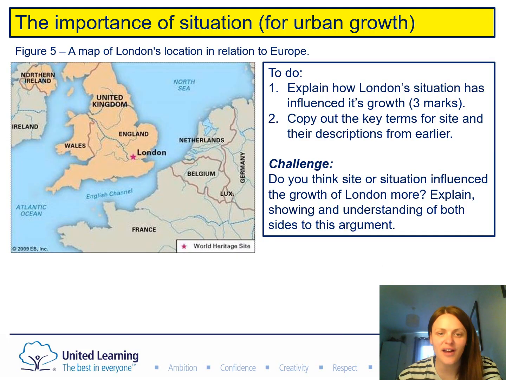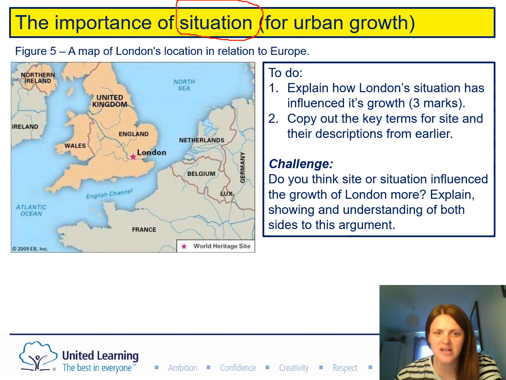All right, so the last activity I want you to do is this. I want you to think about how important the situation of cities is for their success. So like London, how has it stayed being the most important city of our country and one of the world?